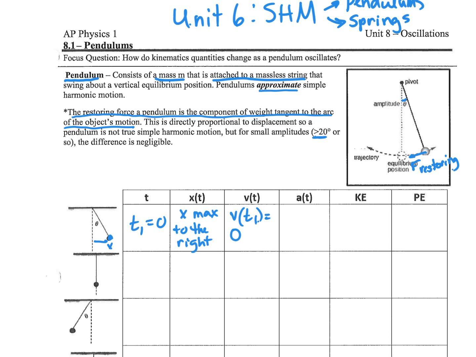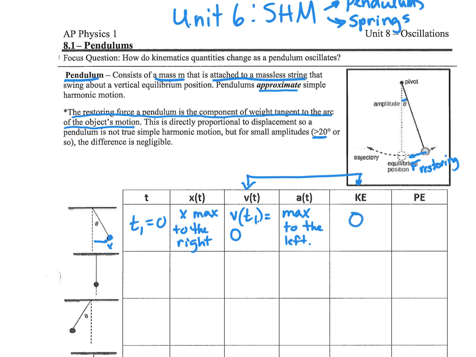The acceleration is going to be at a max, but it is going to be a max to the left. Kinetic energy and velocity are connected, aren't they? They relate, 1/2 mv squared, so if the velocity is 0, then the kinetic energy is also 0.